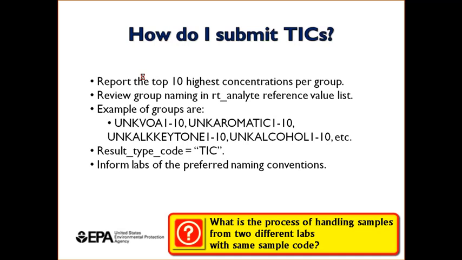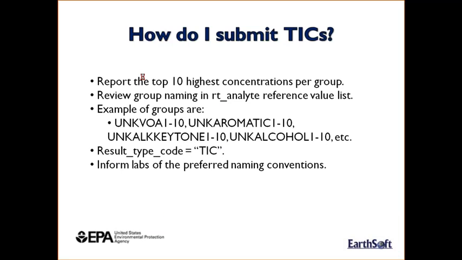Okay, so what is the process for handling samples from two different labs with the same sample code? So the sample level data should be the same. The SDG, as we talked about earlier, would be handled at the test result level. Let me step back. So if it's a split, then you need to name the sample differently.